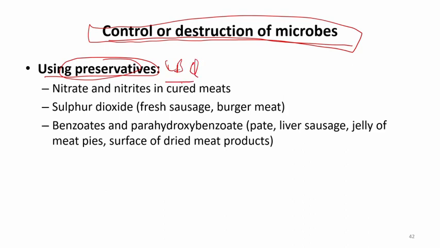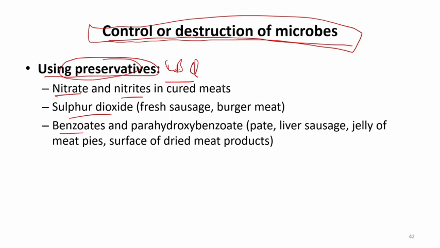The additives, the preservatives, should be allowed chemicals which inhibit the growth of microorganisms. For example, the allowed preservatives are nitrate, nitrite, sulfur dioxide, benzoate, and things like that, depending on the products.